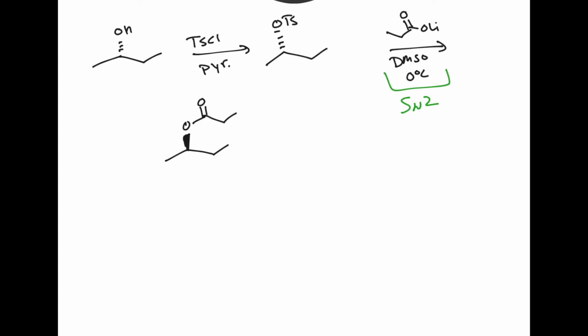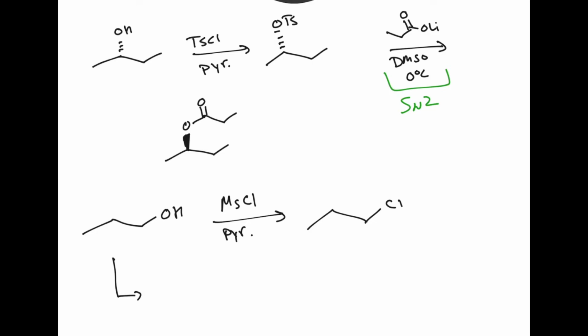Now there is one thing, your homework loves this: if you say methyl or tosyl chloride and pyridine, you can in a single step turn your alcohol into a chloride. If you think about what happens in the reaction, you turn your oxygen into a good leaving group and you generate chloride.